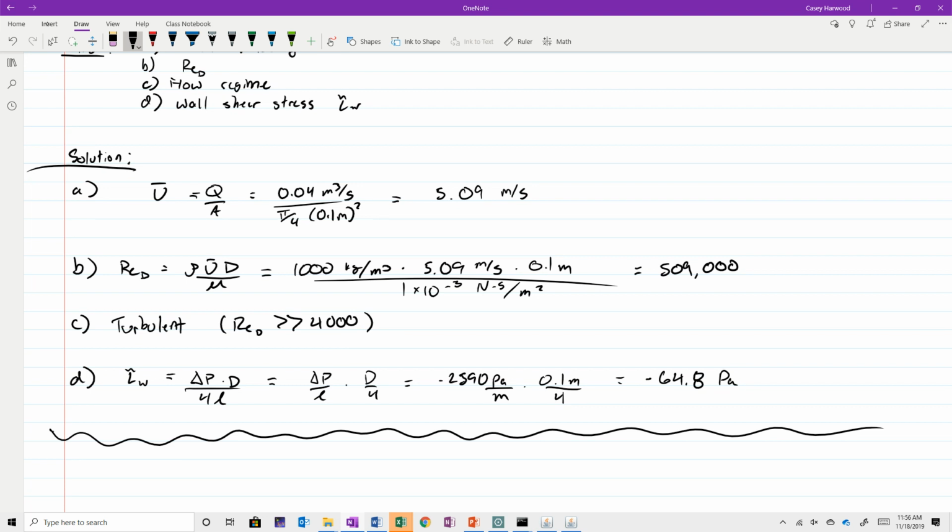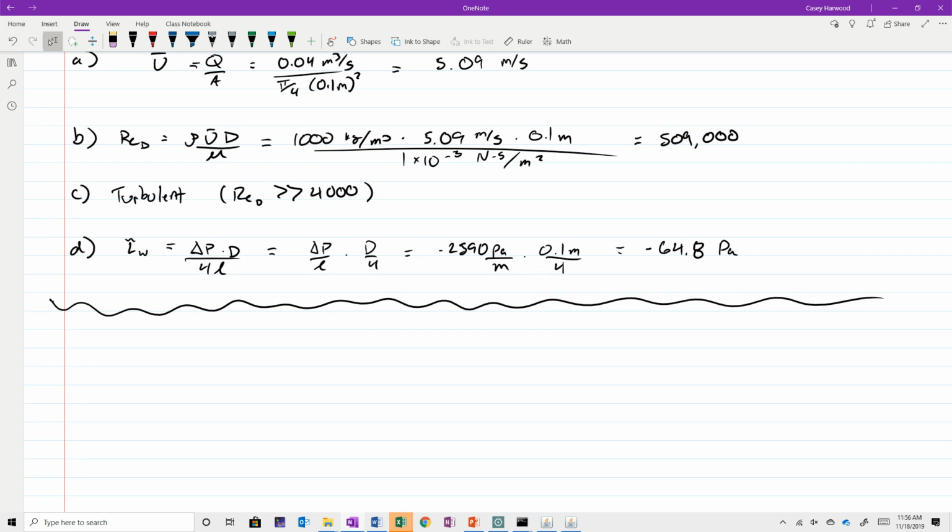This is the first one we've done numbers with that ended up being turbulent, but we didn't use anything about the fact that it was turbulent to actually arrive at this answer. I want to emphasize that. In doing this problem, we used only the knowledge that the flow is fully developed, and then our notional slug of fluid that has the wall shear stress acting on it, and pressure acting on it, and the fact that those two things have to be in equilibrium for a fully developed steady flow.